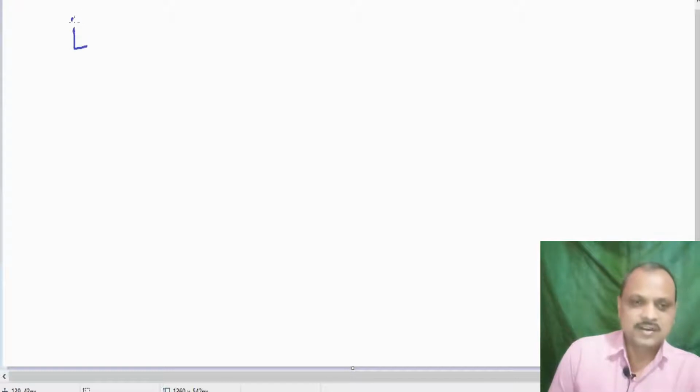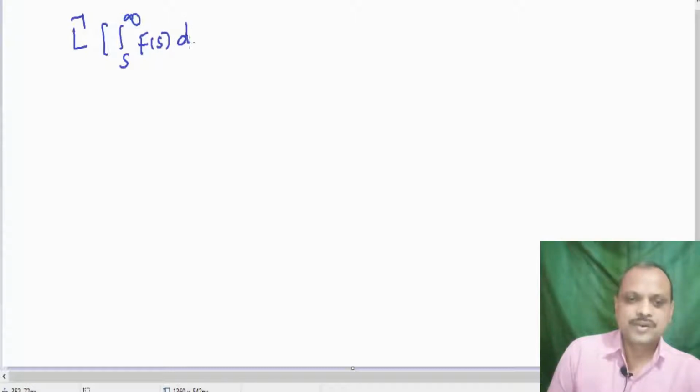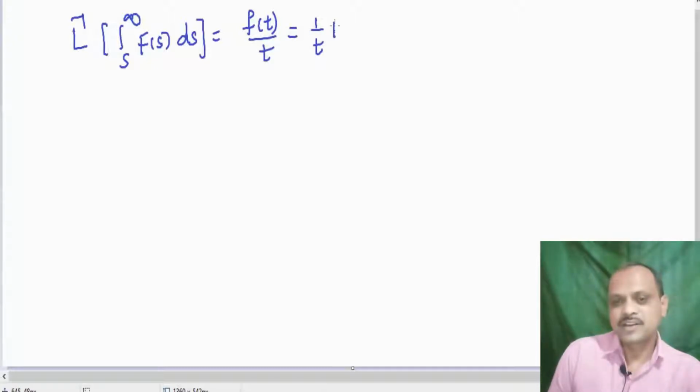We know that L inverse of the integral from s to infinity of F of s ds equals f of t divided by t, which equals 1 by t into L inverse of F of s.